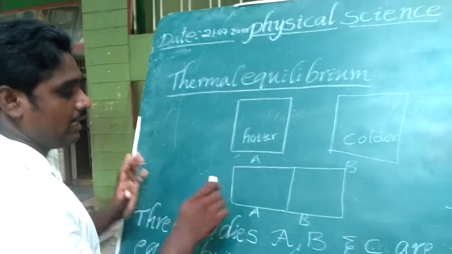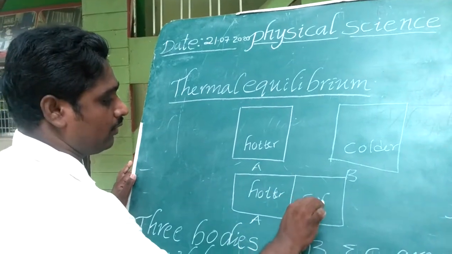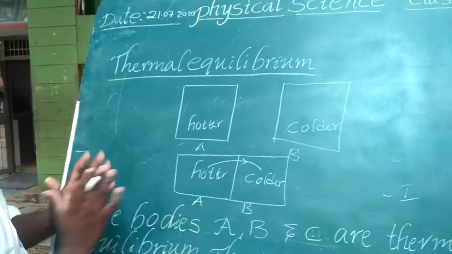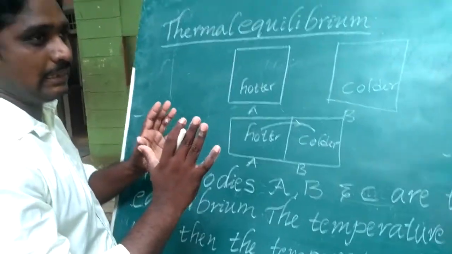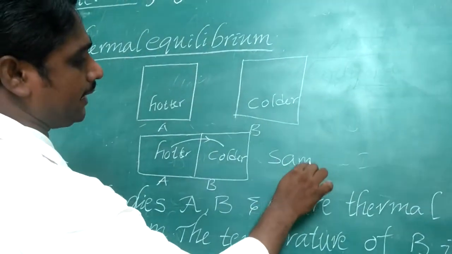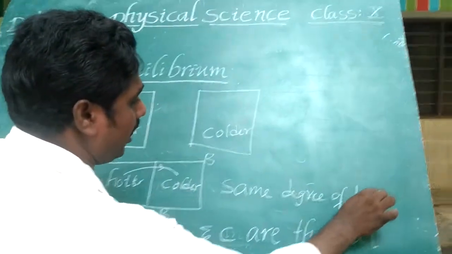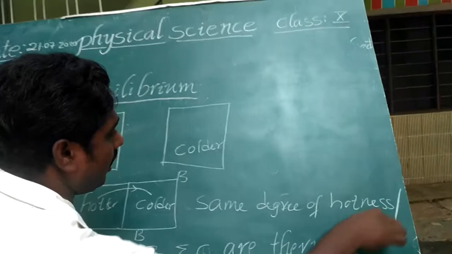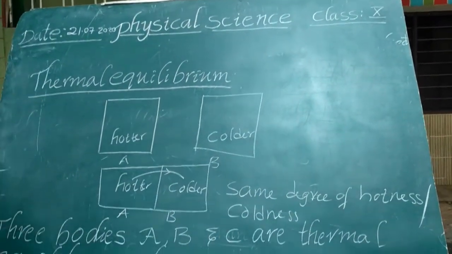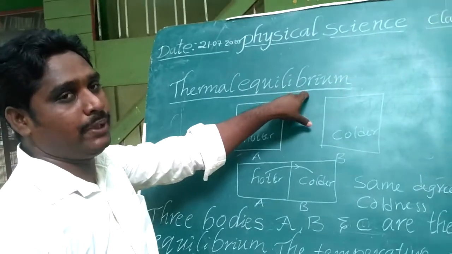We notice that heat transfers from the hotter body to the colder body. The heat is transferred until both bodies attain the same degree of hotness or the same degree of coldness. This state is called thermal equilibrium.